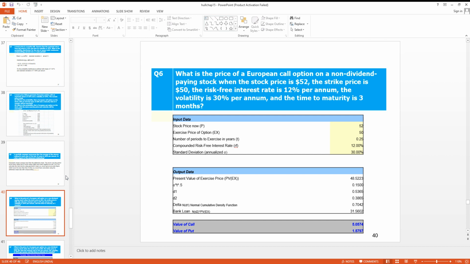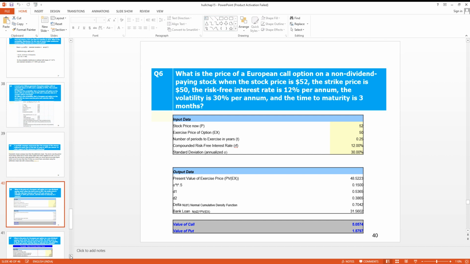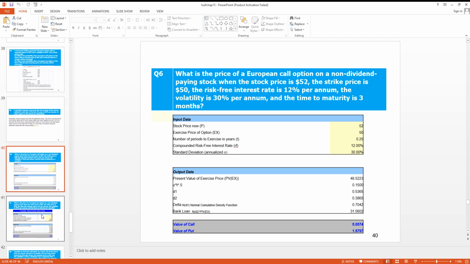You'll get a value of call of 0.50574 and a put value of 1.5797. There are several calculators available on the internet, but what I would suggest is you first manually calculate it yourself, probably on Excel, and then check whether your answer is correct by using the calculators which are available.